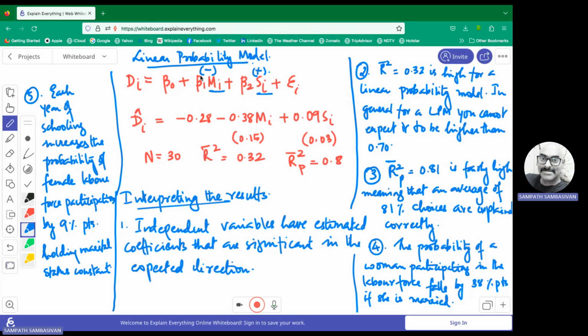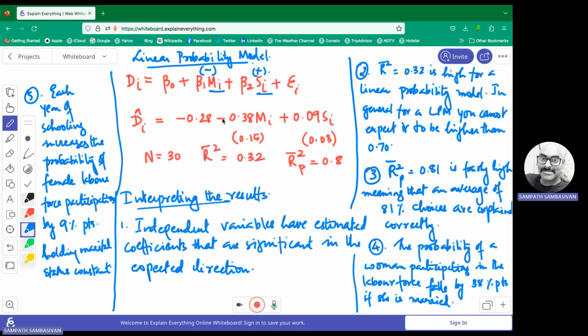That's the expectation. So that's basically what you mean by hypothesized signs of the independent variables. Okay. What are the signs that we anticipate? What is the direction of the relationship that we anticipate for these variables? That's basically what we are talking about here.